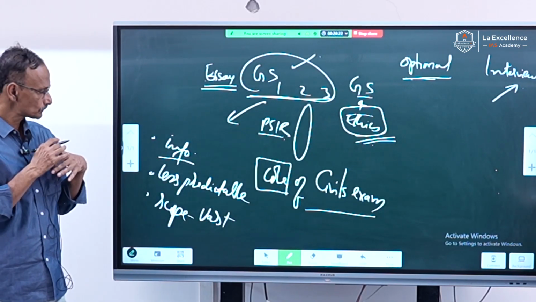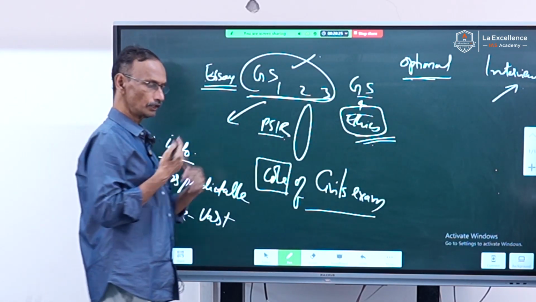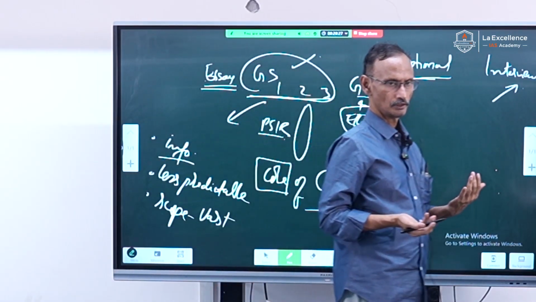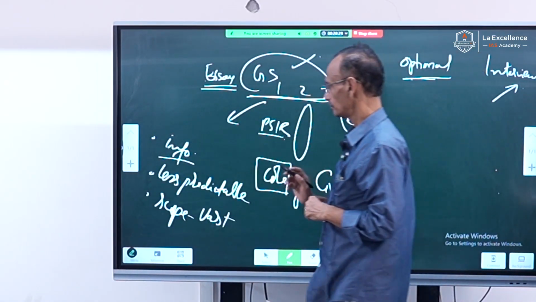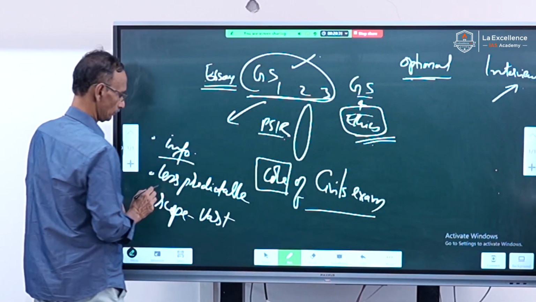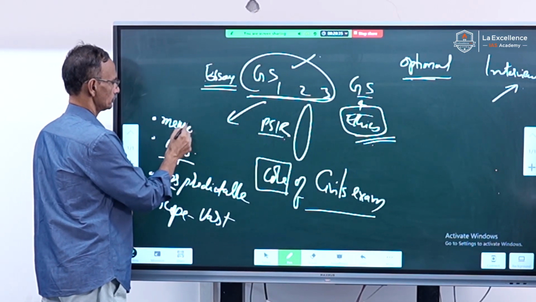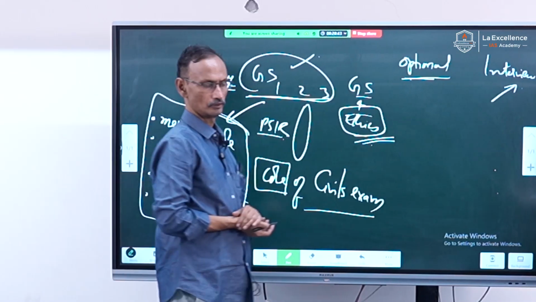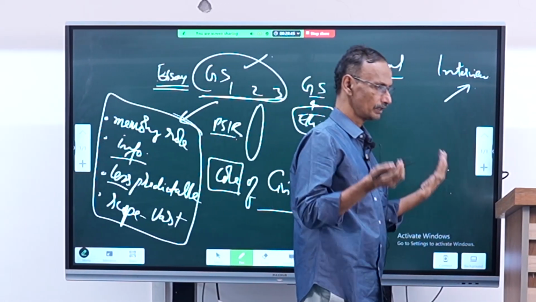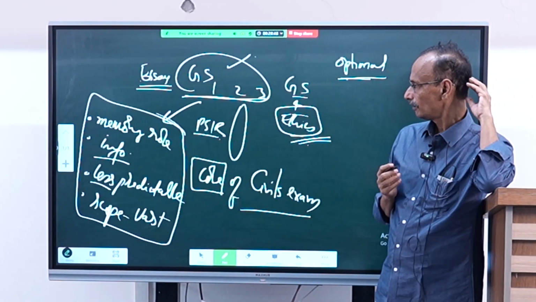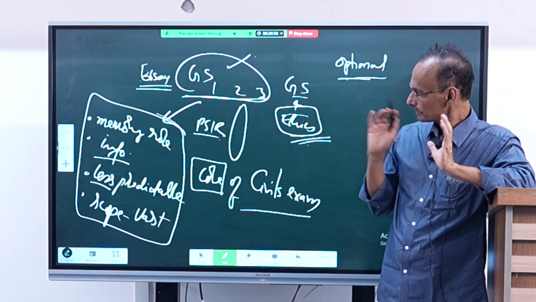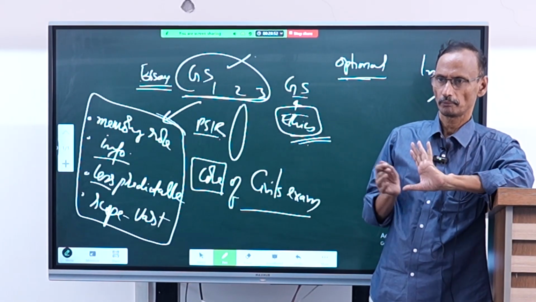So there is so much scope, more information oriented and more unpredictable, and a lot of memory role is also there. So info, unpredictable, higher scope, more memory oriented.